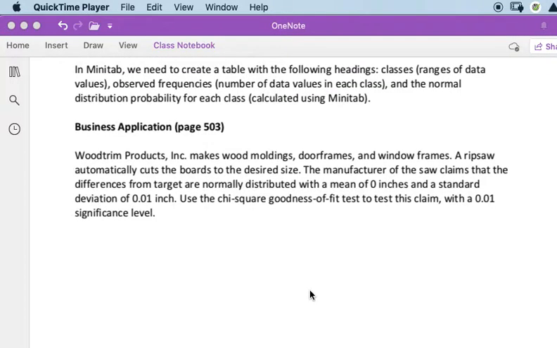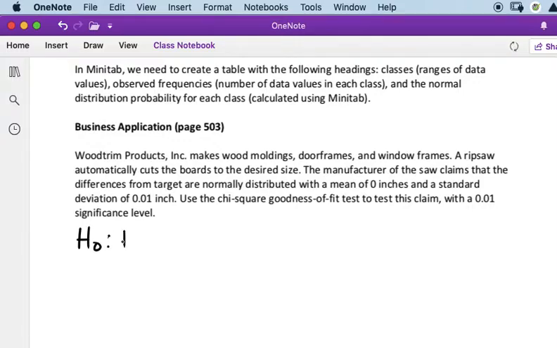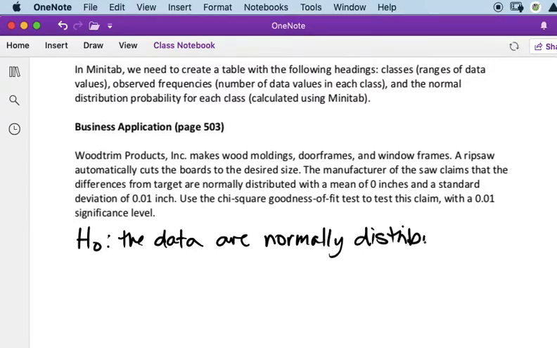As usual, first we need to write our null and alternative hypotheses. My null hypothesis is going to be that the data are normally distributed with mean of 0 and standard deviation of 0.01 inch.